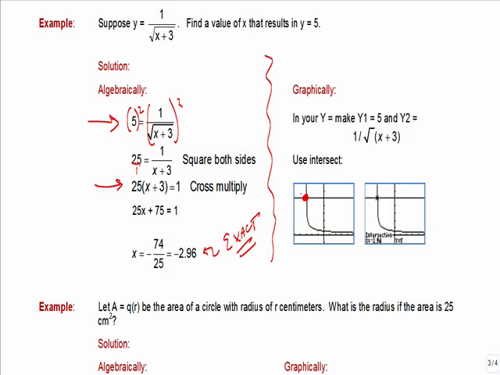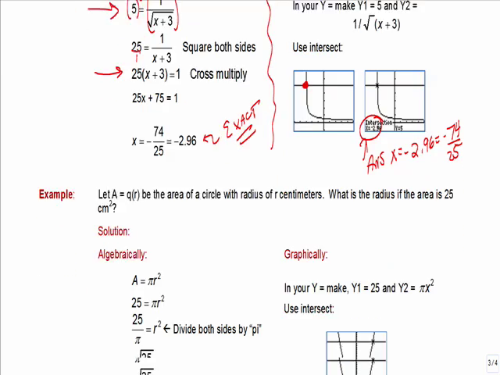Again, if you don't remember how to do intersect, let me know and we can go through this. Notice again, when I do the intersection though, I get both an x and a y. In this case, I already know y is 5, and so I only give the fact that the answer is x is negative 2.96 or negative 74 over 25.